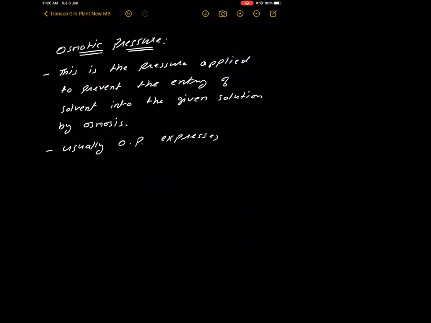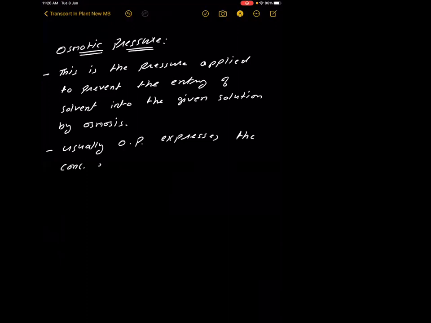So osmotic pressure usually expresses the concentration of a solution.